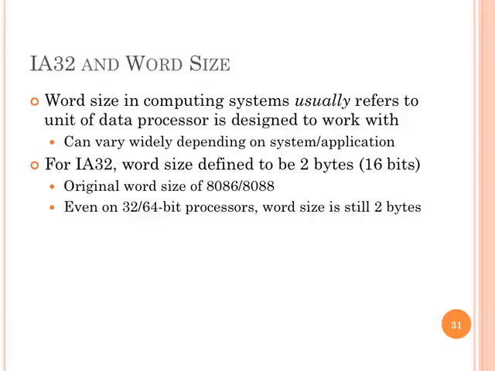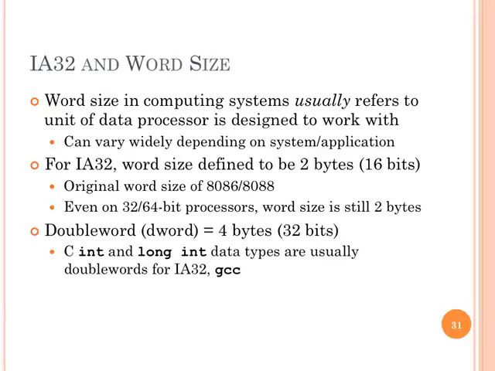So in IA32, the original 8086 word size was 2 bytes. Even on the 8088, you can see it started going off the rails really quickly. So even when you're on 64-bit, it's like, well, we're working with double word and quad word values, not words. You know, even though the processor is accessing 64 bits at a time or 32 bits at a time.